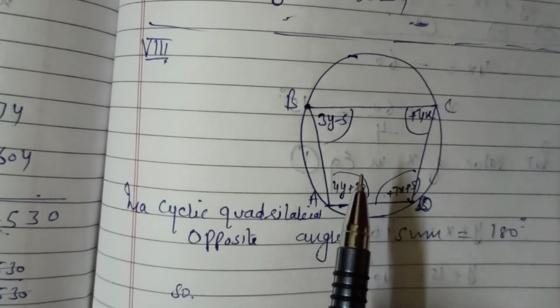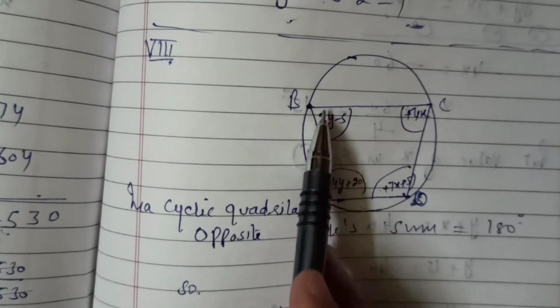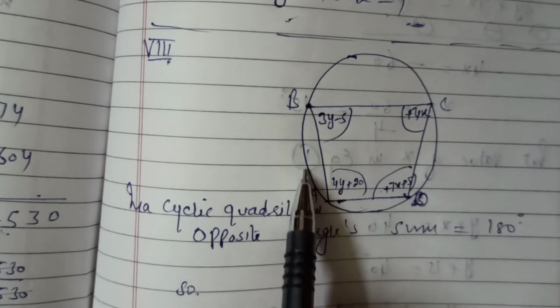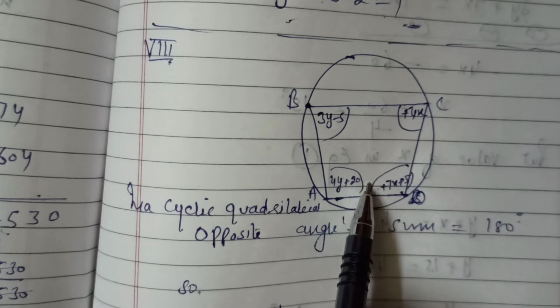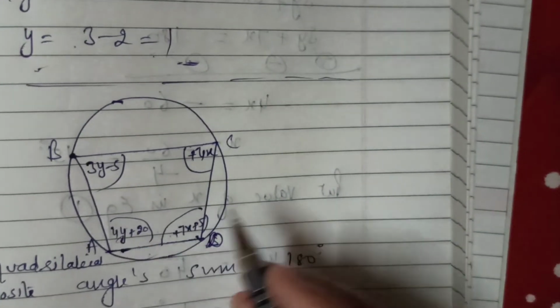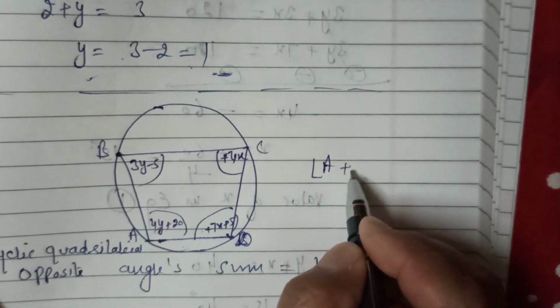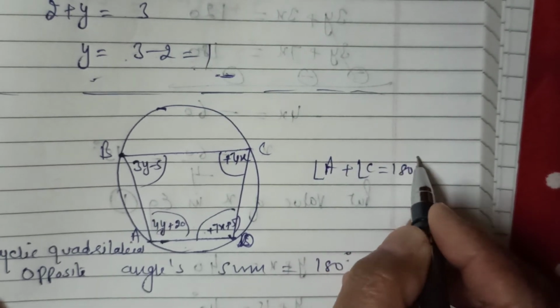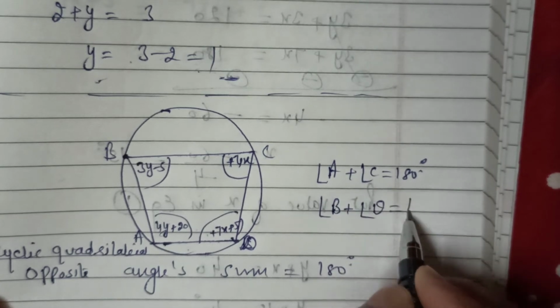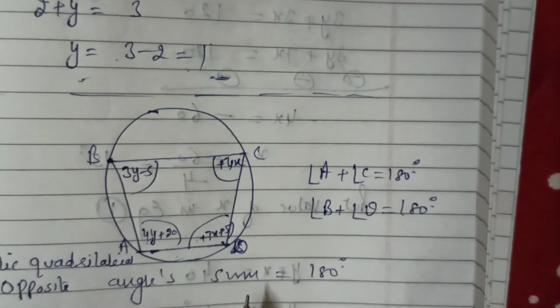And you know, in 9th class you have done, in a cyclic quadrilateral, sum of opposite angles is equal to 180 degree. Means angle A plus angle C is equal to 180 degree and angle B plus angle D is equal to 180 degree.